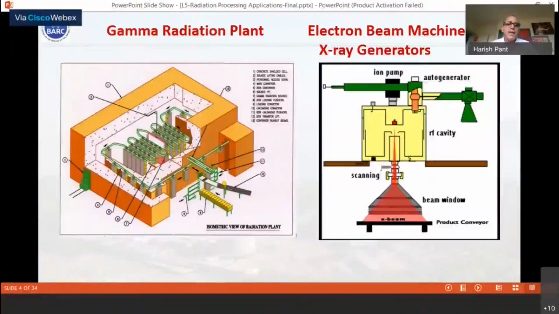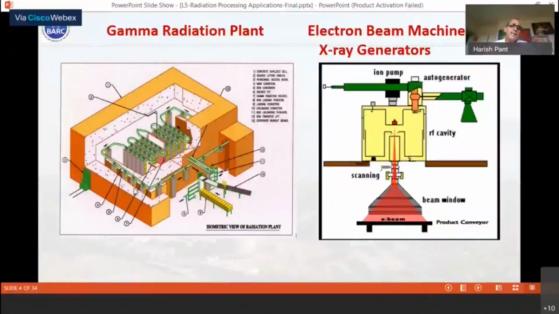But when the material is to be processed, it is packed in suitable containers and fed through a conveyor belt. Before we start the conveyor, the source is brought up from the water pool.